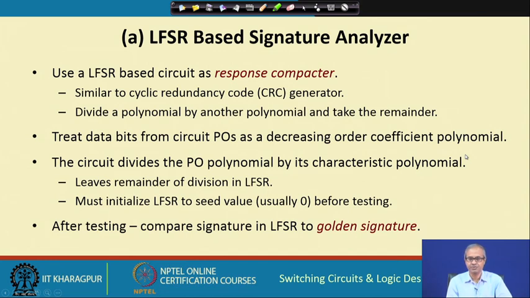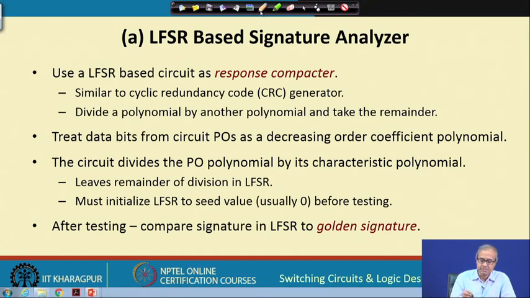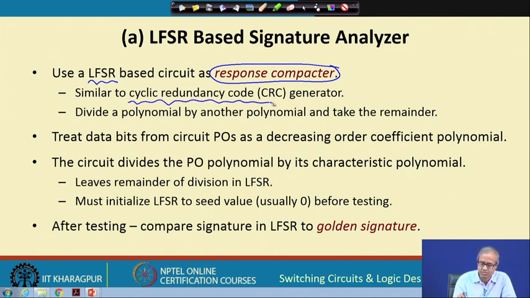First, let us talk about the signature analyzer, how it works. We can use an LFSR again here, a linear feedback shift register, as a response compactor. The same technique is used for error detection using cyclic redundancy code check.